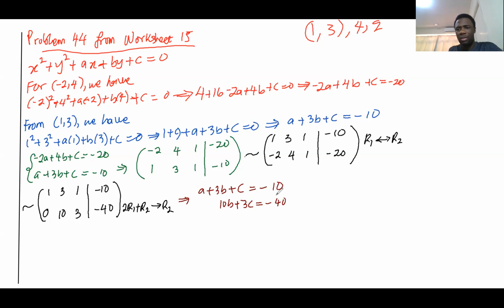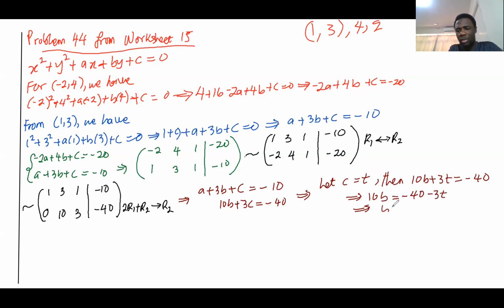Let's share that idea. From here, if we let c be t, then 10b plus 3t equals -40, such that 10b equals -40 minus 3t, which implies that b is given in terms of t.